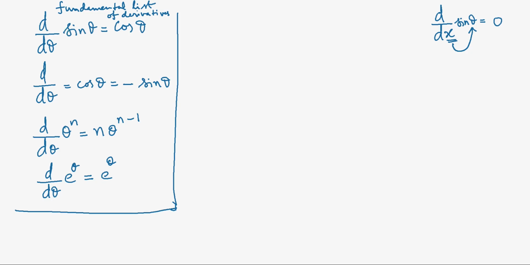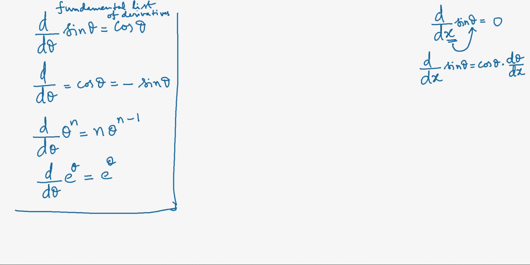This is one way to do it. The other, better way is the right understanding. If you are differentiating sine theta with respect to x, the sine theta will become cosine theta, and as a chain rule, since we are differentiating with respect to x, there should be a d theta by dx. Do you get that? Yes, uncle. So this takes care of everything.